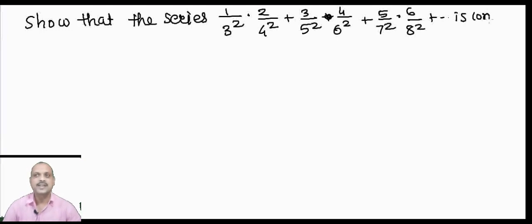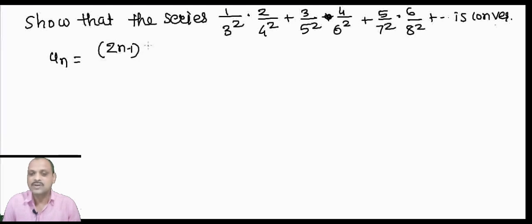Now here you can see that if we write it in terms of un, we have un equal to 2n minus 1 in the numerator, then 2n, all even terms, divided by 2n plus 1 whole square into 2n plus 2 whole square.